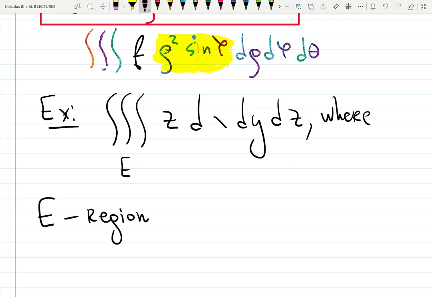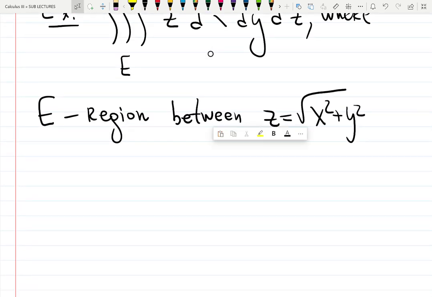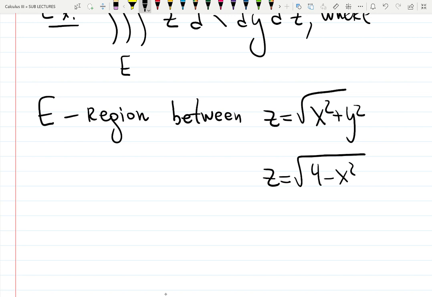Usually we say between, they say above and below, but I will not give away which one is above and below. So we do between, and then you will see. Z equals square root of x squared plus y squared, above and beyond. I just realized that is funny. And between z equals the square root of 4 minus x squared minus y squared.